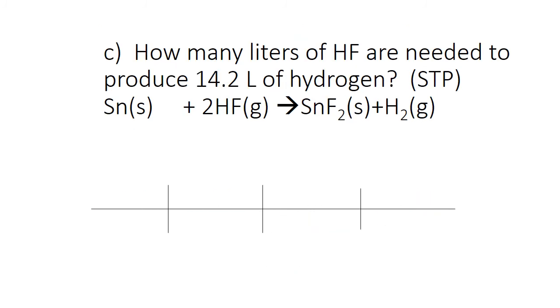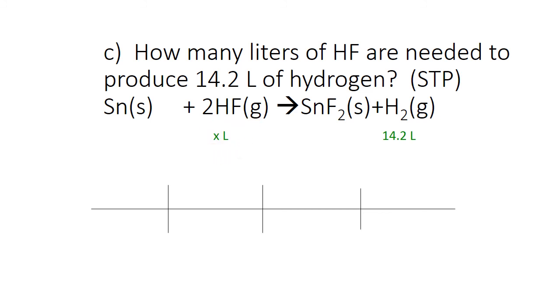Here we ask how many liters of hydrofluoric acid are needed to produce 14.2 liters of hydrogen. So we have our same balanced equation. Now we have liters of hydrogen. That's how many liters of hydrogen were produced. We want to find how many liters of hydrogen fluoride are required to produce it. We're using it as a gas though.